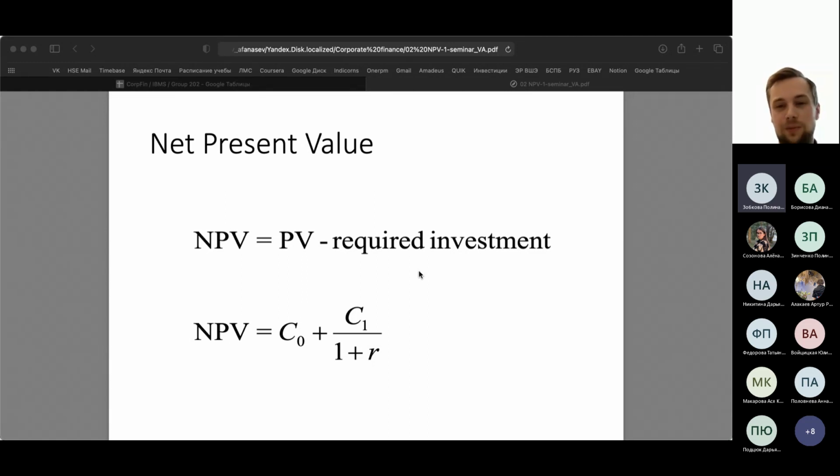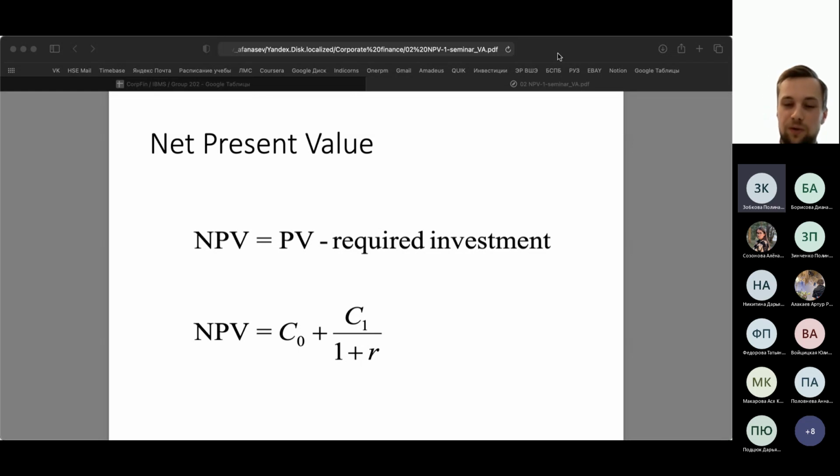And what do you mean by plus money? The profit that we will gain by investing in this particular project after some years, I guess.